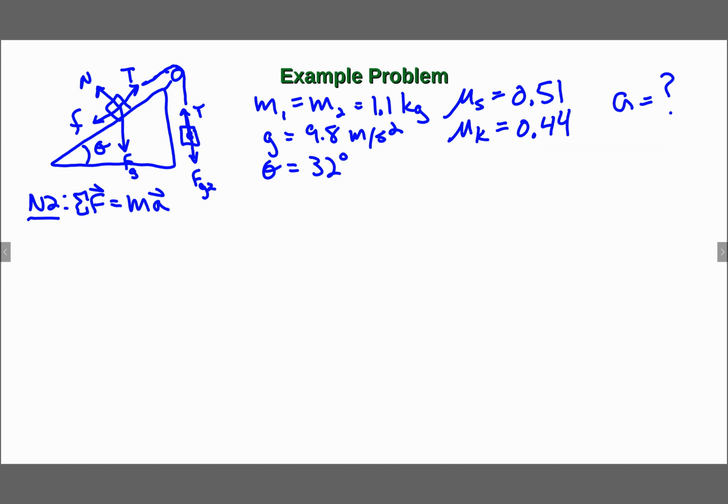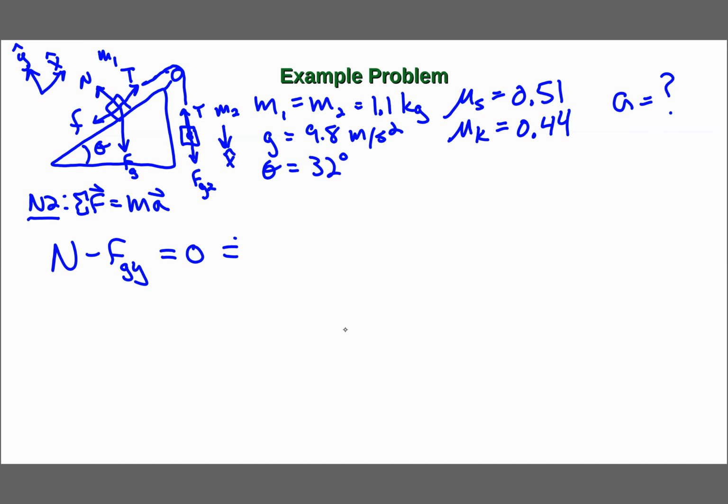Okay? So let's first put my coordinate system in here. Let's first look at the y direction for block 1. Remember M1 up here, M2 down here. So the y direction for M1, we have the normal force pointing up, and then we have the y component of gravity pointing down, Fgy. And then we're not going to have any acceleration in that because the block doesn't fly up off the ramp and it doesn't fall down through the ramp.